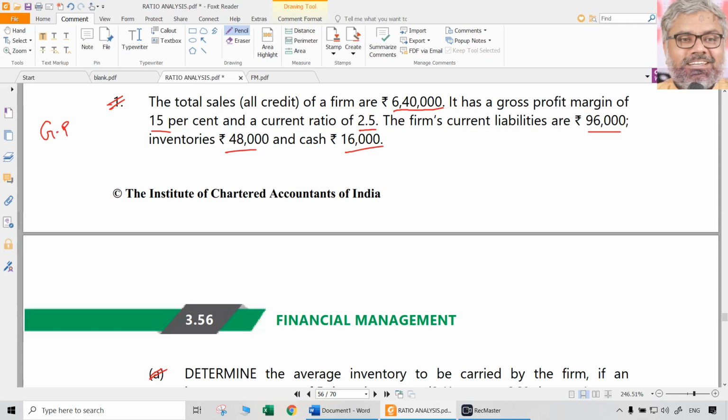So 6,40,000 multiplied with 15%. So gross profit is definitely 96,000. Okay. When 96,000 is the gross profit, how much will be cost of goods sold? Cost of goods sold is nothing but the difference between sales and gross profit. Or otherwise also you can directly calculate.